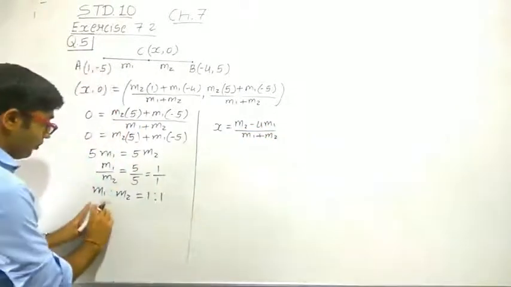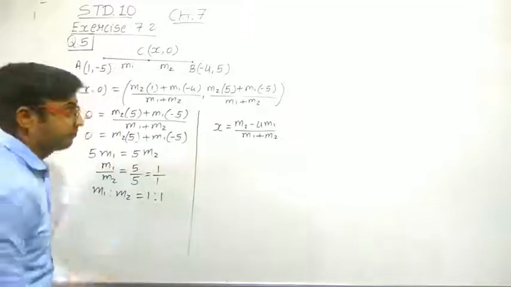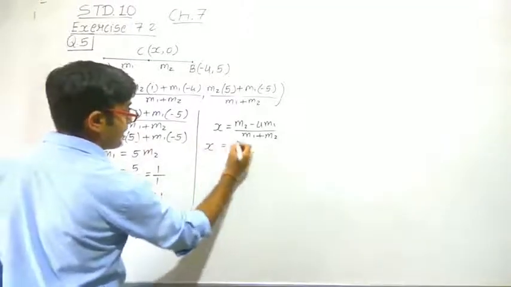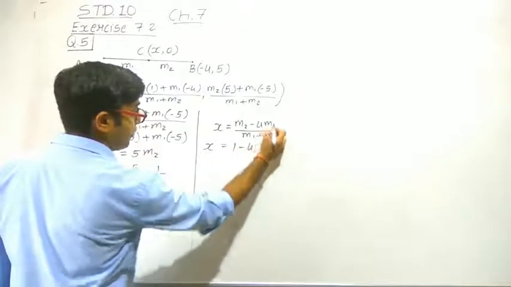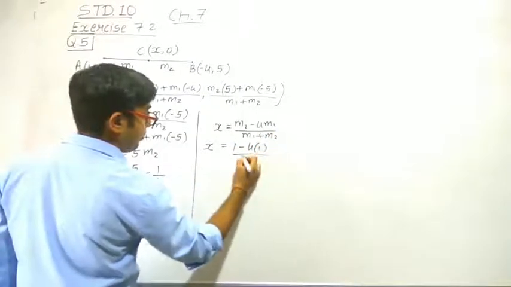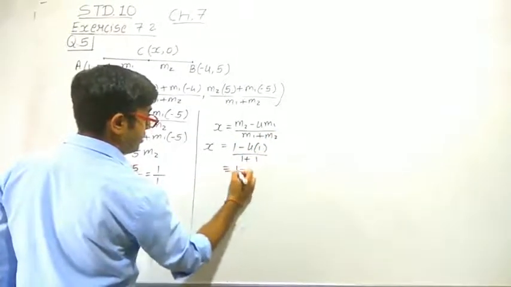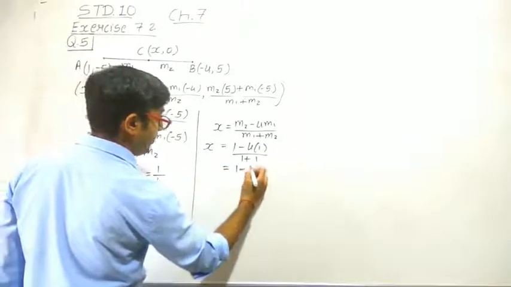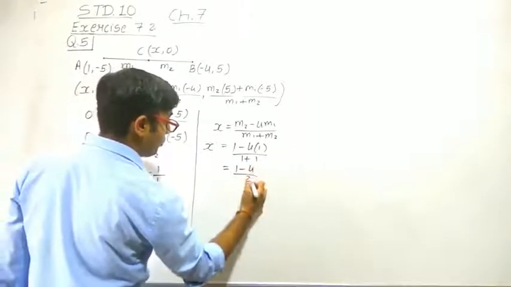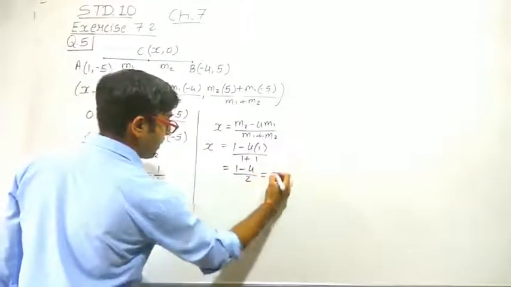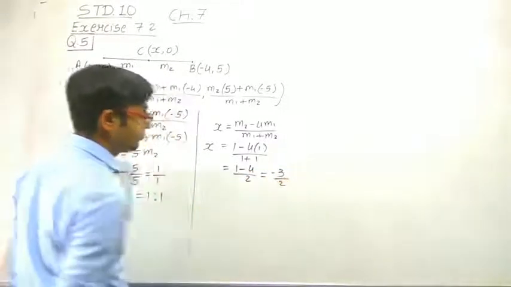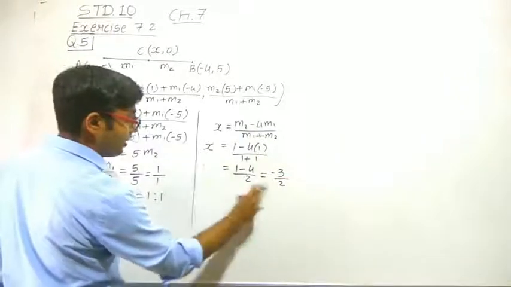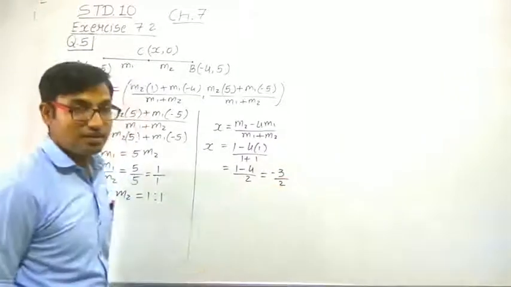Put the values of m1 and m2, that is 1 and 1. So x is equal to 1 minus 4 into 1 upon 1 plus 1, that is 1 minus 4 upon 2, which is equal to minus 3 upon 2. So the x coordinate value we get is minus 3 upon 2.